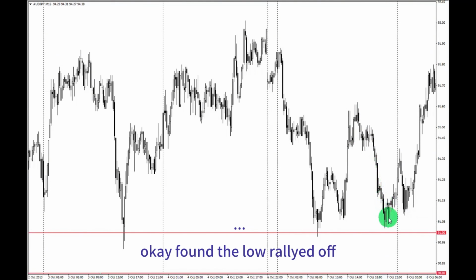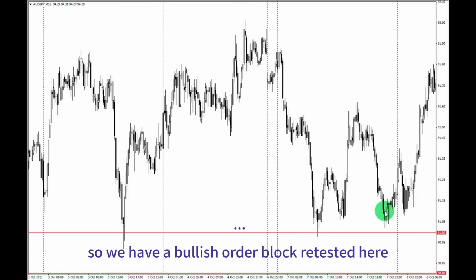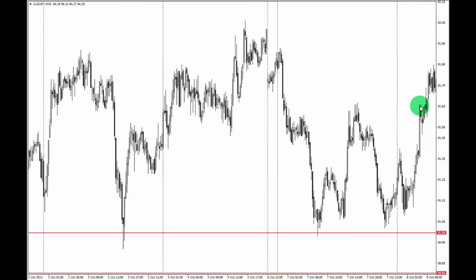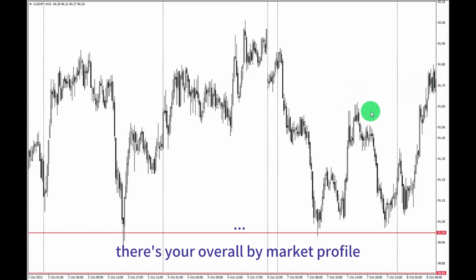Okay, found a low, rallied off, came back down into the down candle prior to the move higher. So we have a bullish order block retested here, and the rally off, a reaccumulation, price makes a move, clears out the initial consolidation in here. Okay, there's your overall buy market profile.